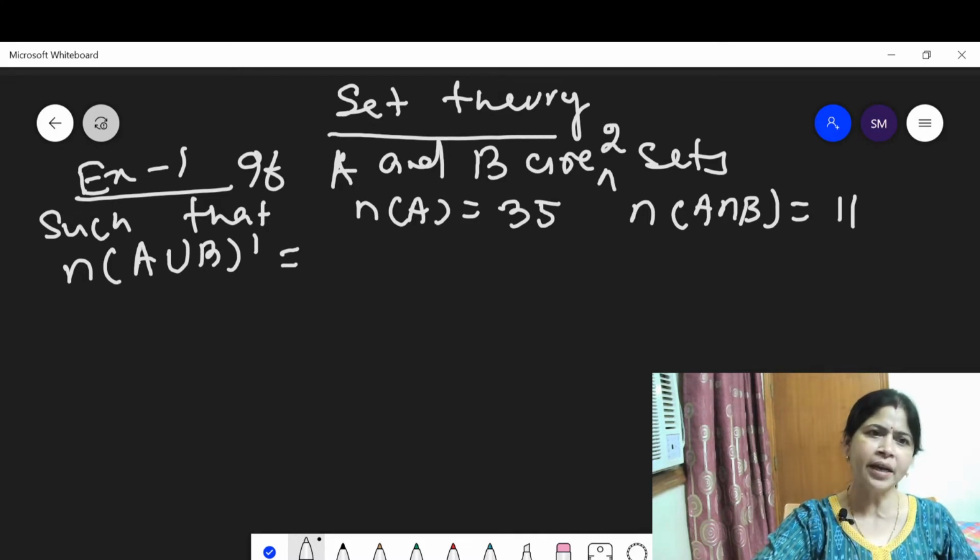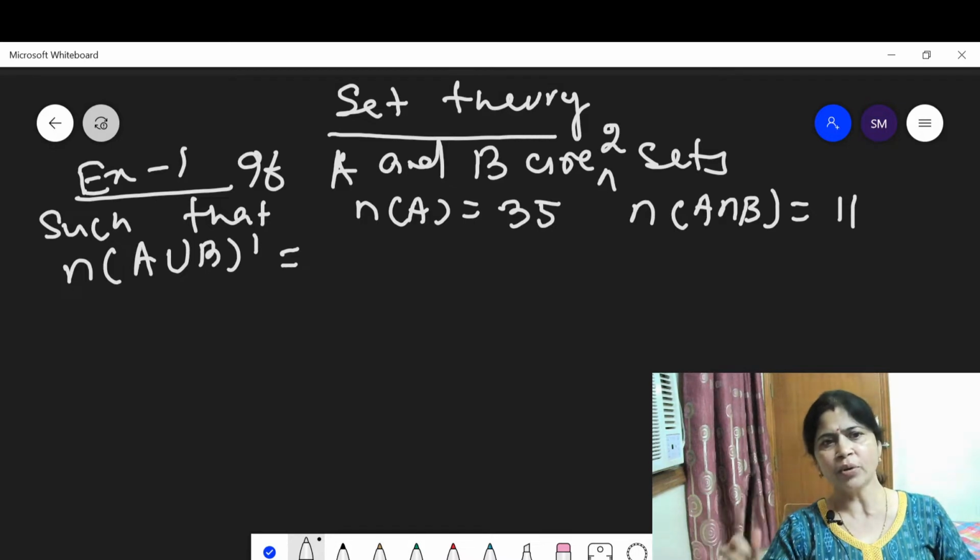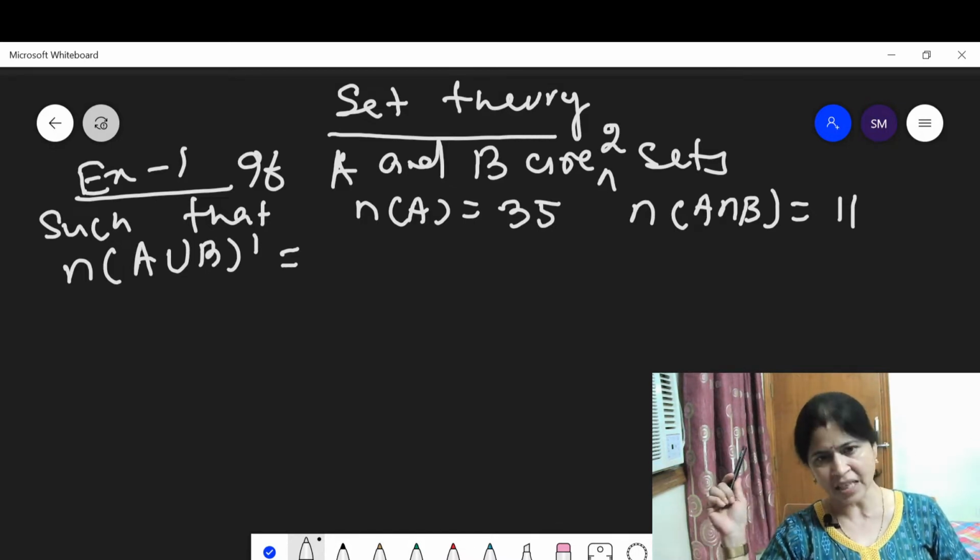What do you mean by (A union B) dash? It means U minus A union B.